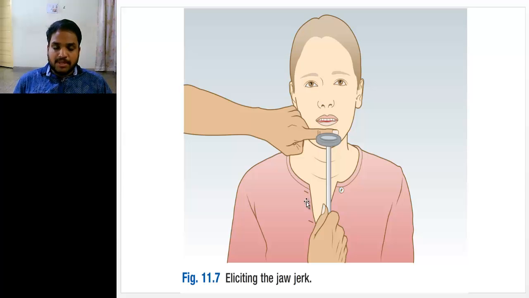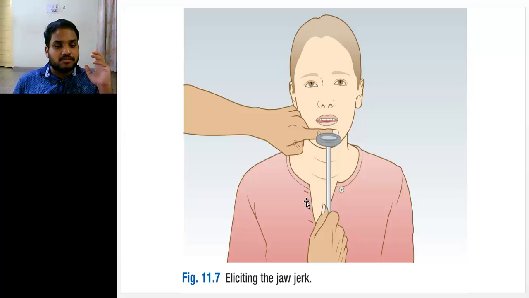Fine. So what happens when there is a lesion of the trigeminal nerve or its nucleus? There would be loss of sensation on the same side of the face. There would be weakness of the muscles of mastication. Why? The motor supply to the muscles of mastication is by the trigeminal nerve, right? So there will be weakness in mastication or chewing. Fine. And then the jaw will be deviated to the affected side.